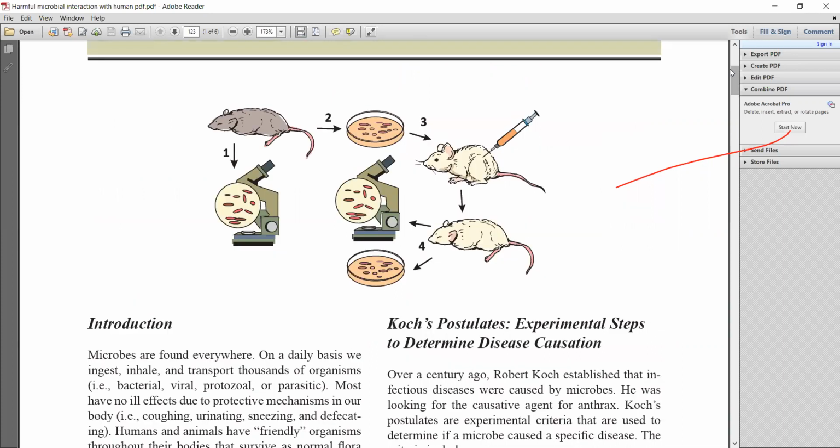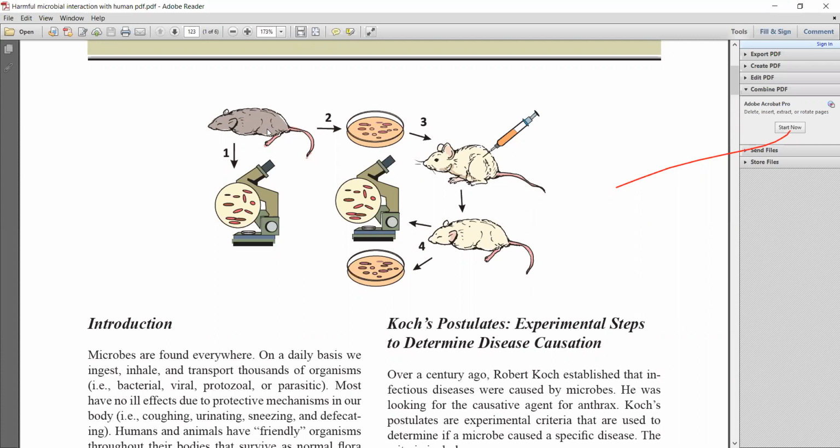Now if you want to perform such an experiment, we cannot perform it on a human being. That is why experimental animals are always taken, and here in this case they have taken a mouse. This was a mouse which was already diseased, showing some kind of symptoms.